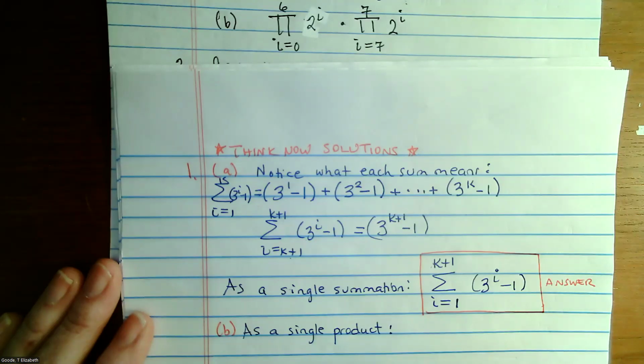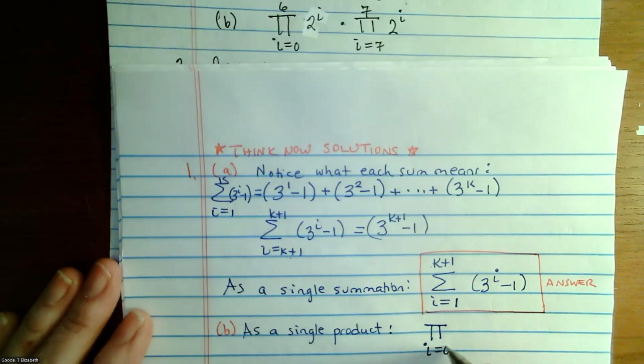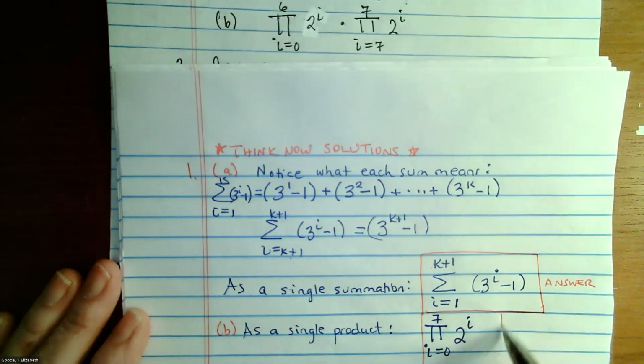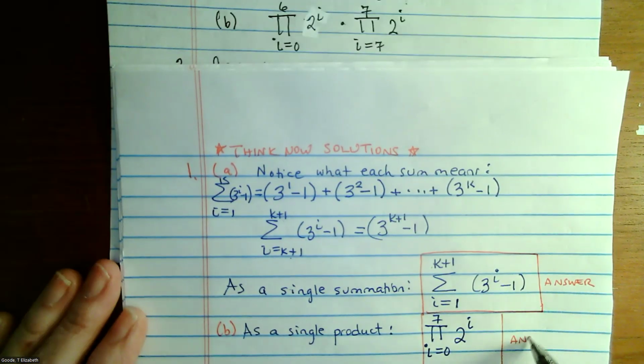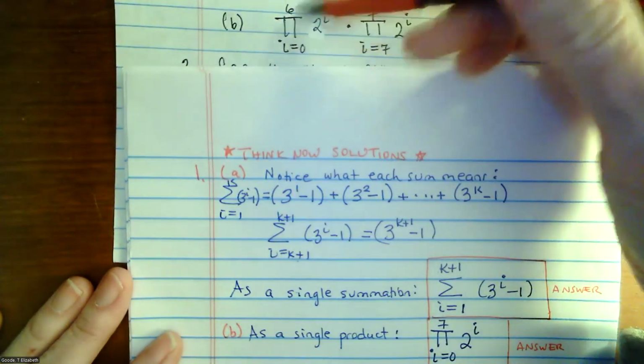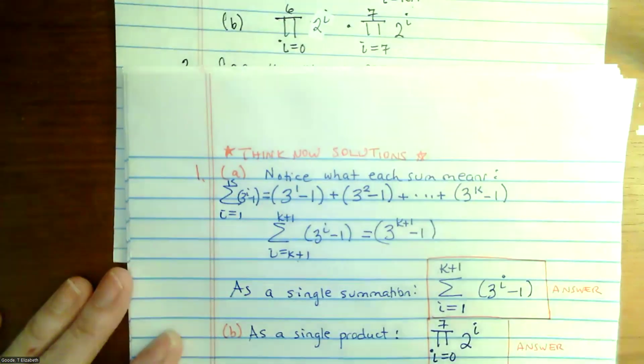It would be the pi symbol from i equals 0 to 7 of 2 to the i. Yep, it's exactly right. Nice job. Everybody see that? Because, of course, the 7 picks up right after the 6, so you can think of it as a continuous product.